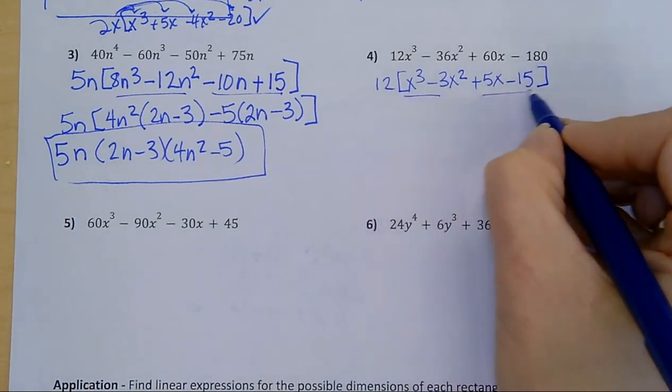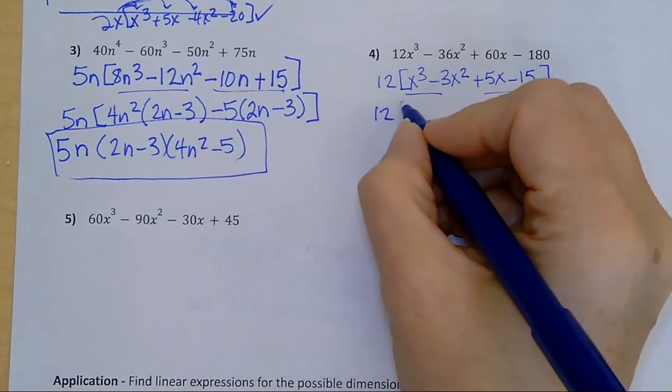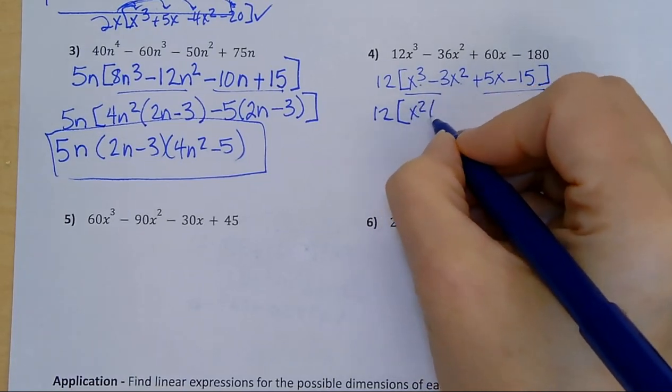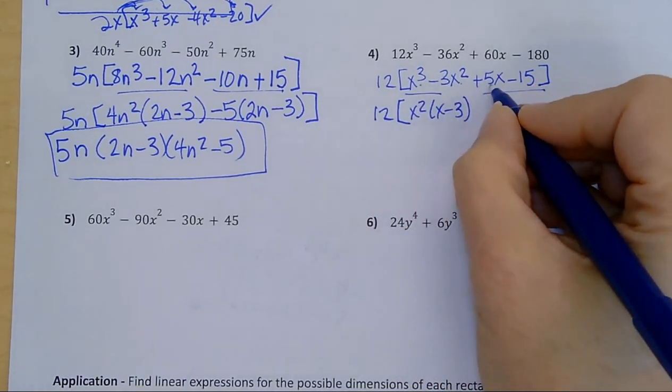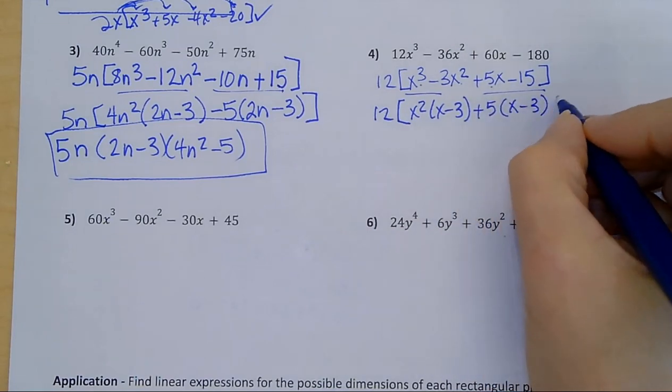And I'm factoring by grouping. I'm already in the correct order, so I'm going to say 12 times, I'll pull out x squared. X squared leaves me with x minus 3. And here I'm going to pull out 5, and it leaves me with x minus 3.